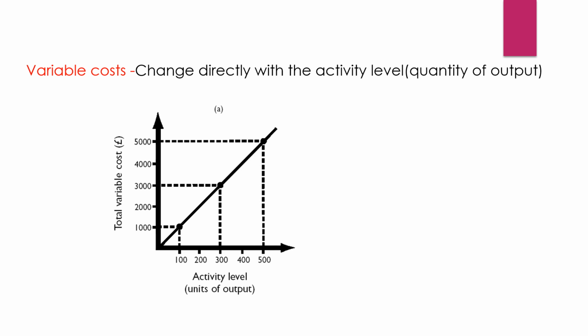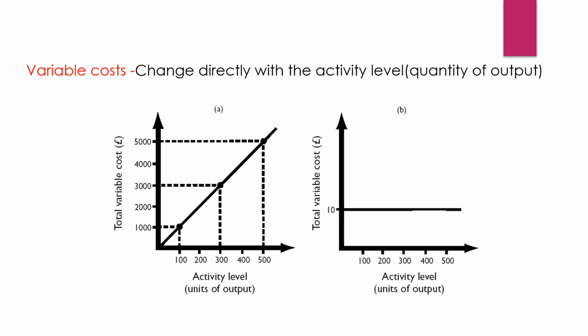When you go through the graph, you can see the total variable cost increases with the activity level. When it comes to per unit variable cost, you can see it is fixed with the activity level.